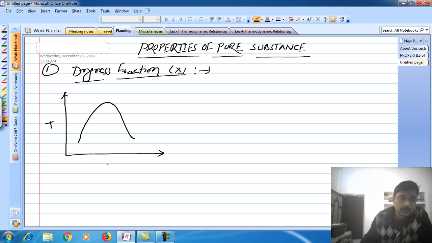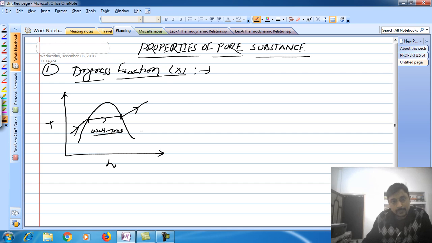Let us suppose this is temperature, enthalpy. We have already discussed the different zones. So in this zone, this is the wet zone.